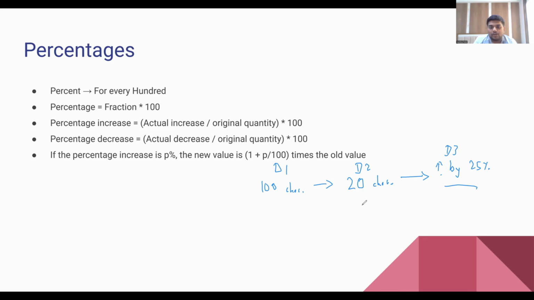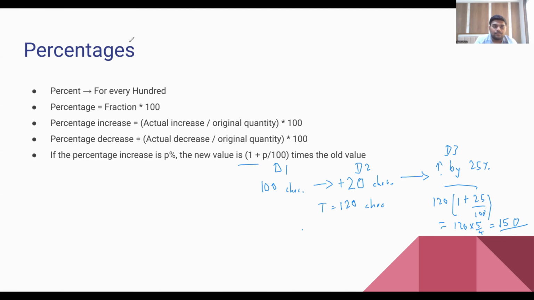So at the end of day 2, you had 120 chocolates. Now there is an increase of 25%. So as per this formula, the total amount will be 120 into 1 plus 25 by 100, which is equal to 120 into 5 by 4, which is nothing but 150. So you will be having 150 chocolates on day 3.